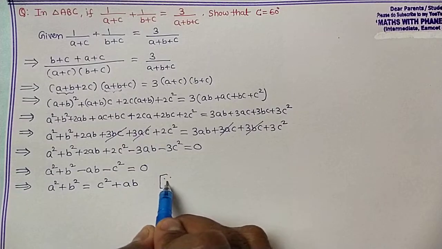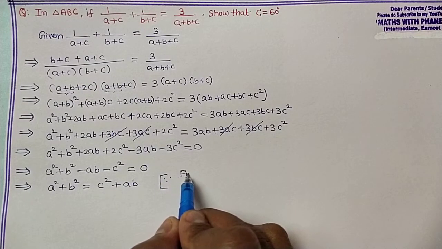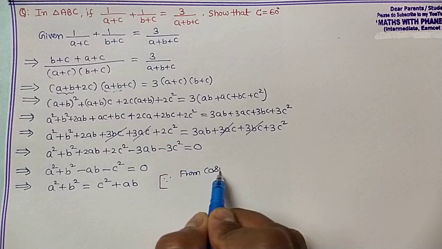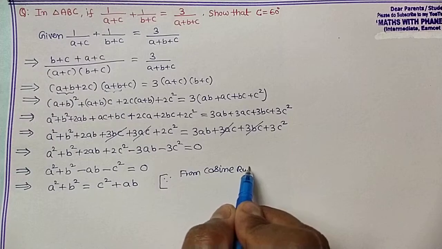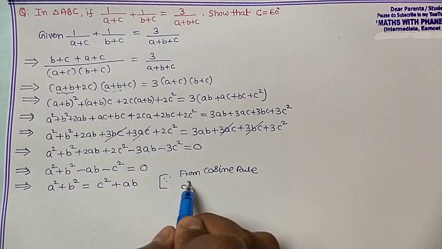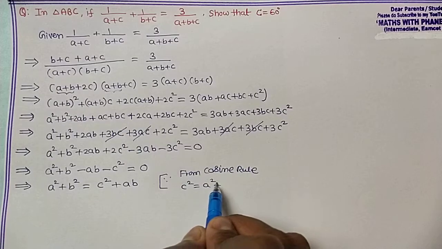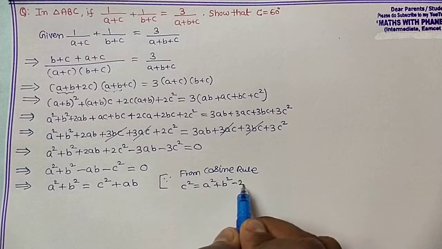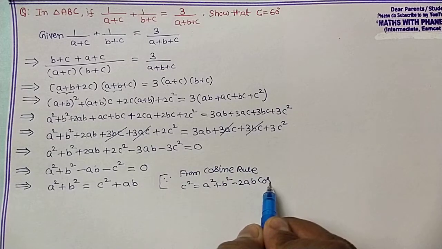From cosine rule, we have c square equal to a square plus b square minus 2ab cos c.